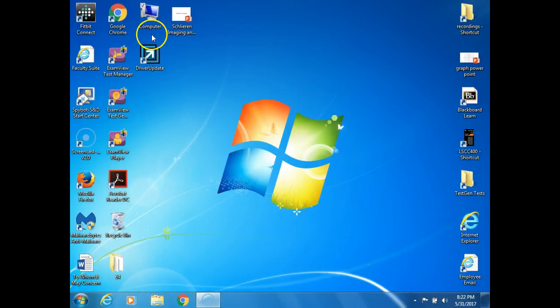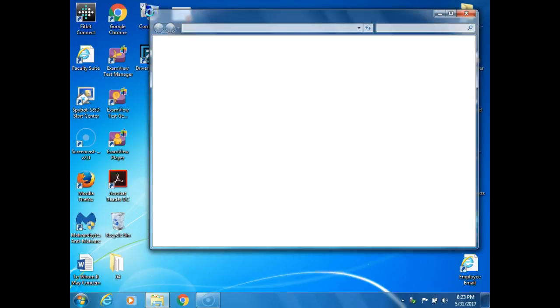Did all that fiddling around with it trying to get it to work, and then now realize, okay, I think I can open it now. We'll see. Yes, there it is.